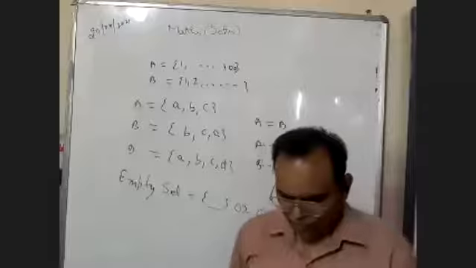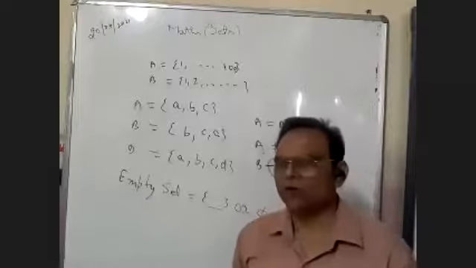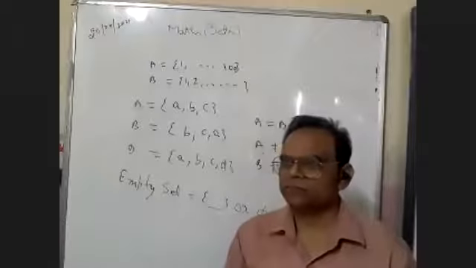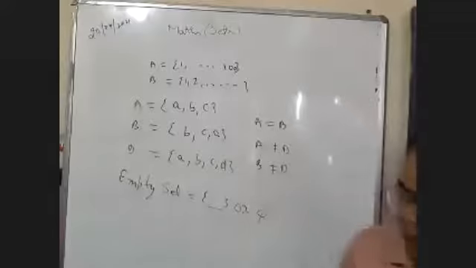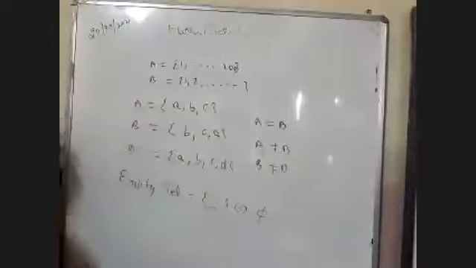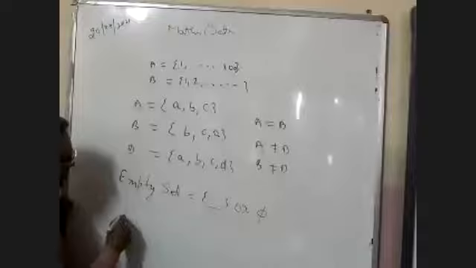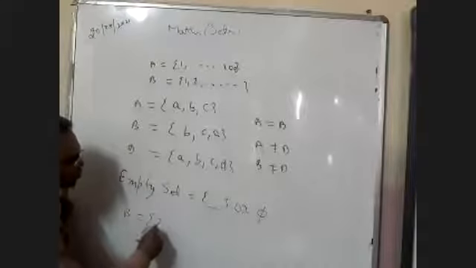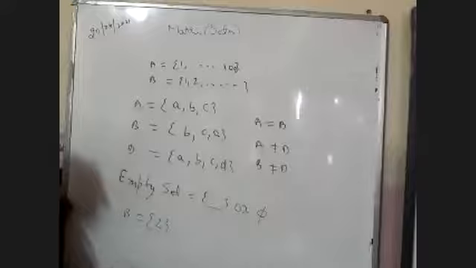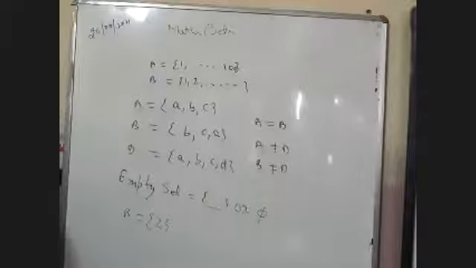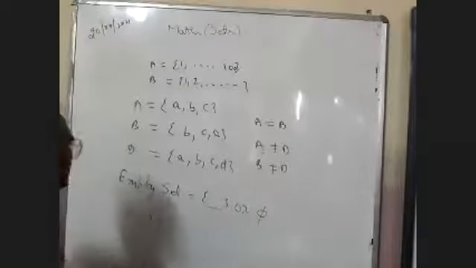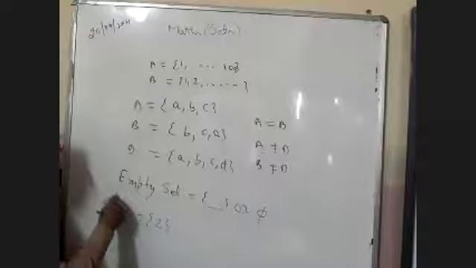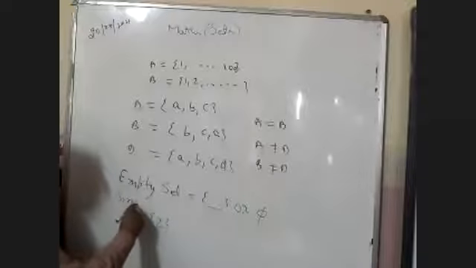Set of even prime numbers is not an empty set. उसके element क्या होंगे? You have to write the element of the set. Set B you can write, even prime number is 2. There is one element को हम क्या कहते हैं? Singleton set. जैसे empty set है, इसका नाम क्या है? Singleton. There is only one element.